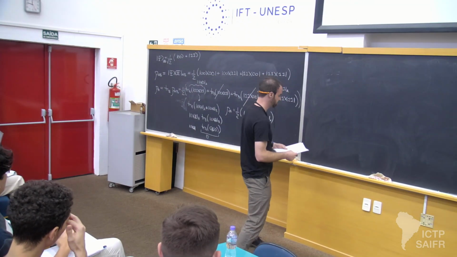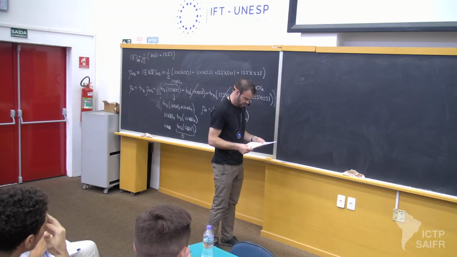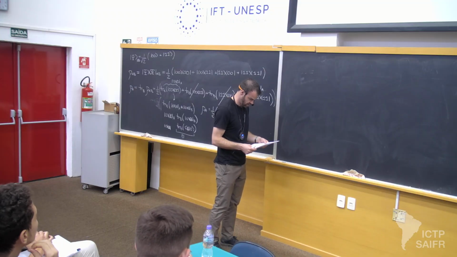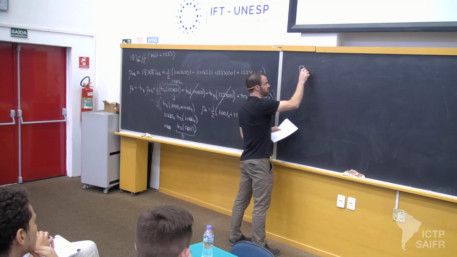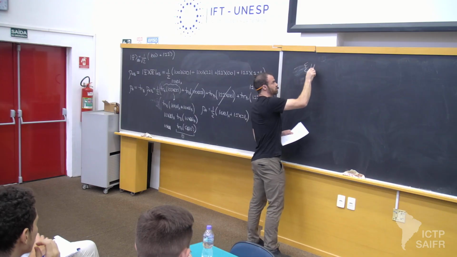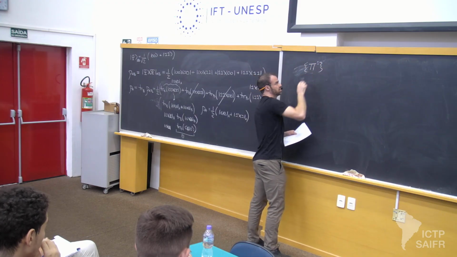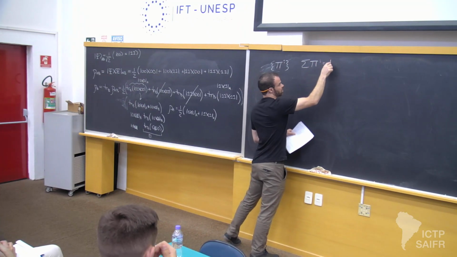There's one thing I want to say, a little bit more about lecture 1. Let's just recall some formulas we had. Measurements were described by sets of projectors, where the projectors had to add up to the identity.